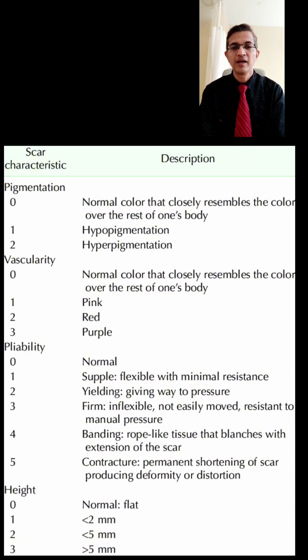In this there are different points which show pigmentation, vascularity, pliability and height. So whether it is normal color, more dark, less dark, pink, red or purple, and how it is when you touch it, whether it is hard, firm. The height will be measured according to the size: less than 2 millimeter, up to 5 millimeter or more than 5 millimeter. So this is the scar scale which doctors use.